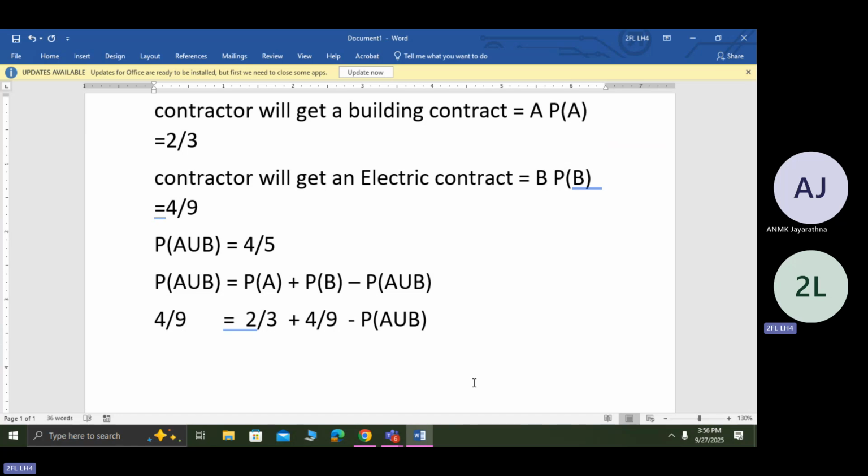Simplify it and you can find the intersection. 2/3 plus 4/9 minus 4/5.